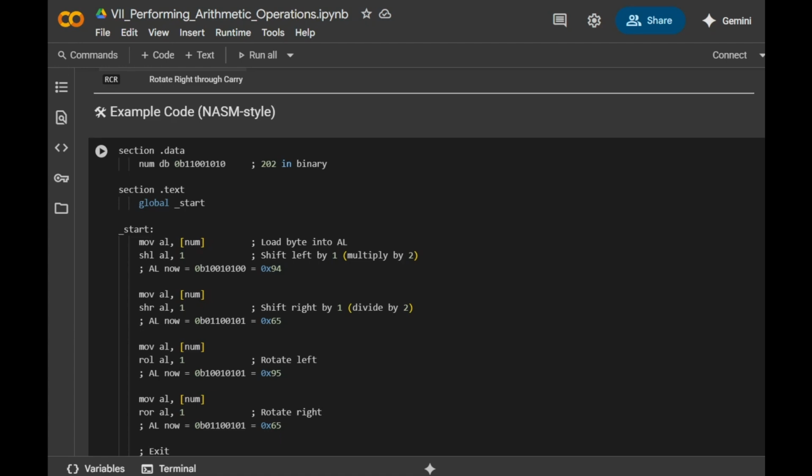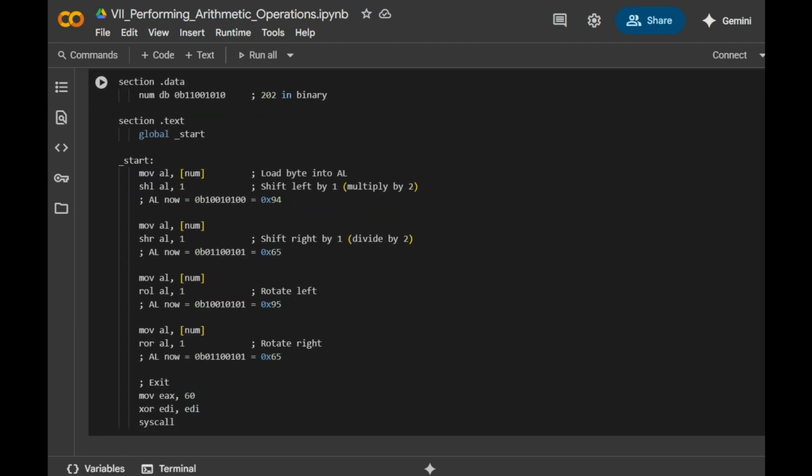If we apply SHL AL, 1, we shift the bits one position to the left, effectively multiplying by 2. The new value in AL becomes 10010100. If we instead apply SHR AL, 1, we shift one position to the right, dividing by 2, and the value becomes 01100101.